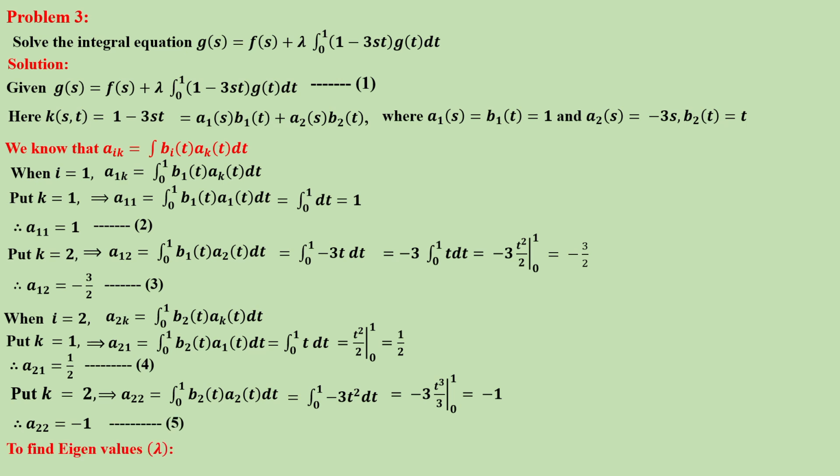This is equation 5. So to find the eigenvalues lambda, we know D(lambda) is the determinant of the matrix with first row 1 - lambda a11, -lambda a12, and second row -lambda a21, 1 - lambda a22. Substituting the values of a11, a12, a21 and a22, we get first row 1 - lambda, (3/2) lambda, and second row -lambda(1/2), 1 + lambda.